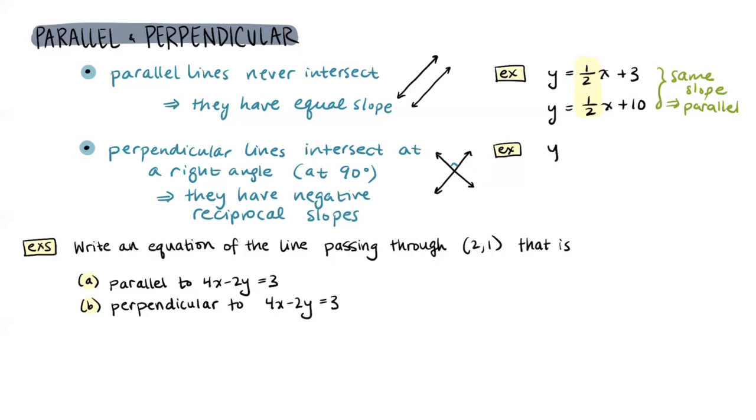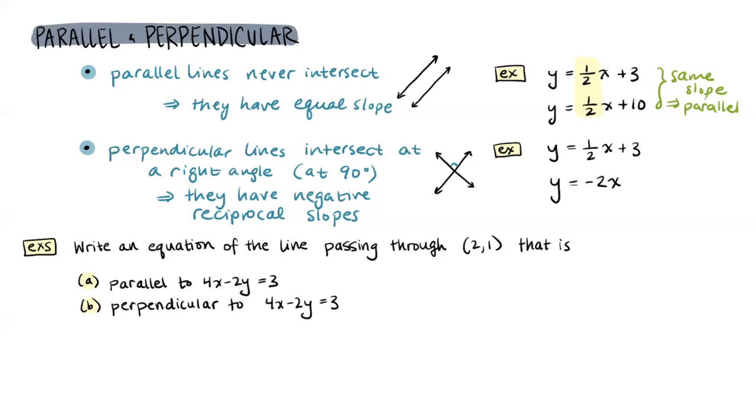So for example, let's stick with our first line from before, y equals 1/2 x plus 3. Here we have a slope of 1/2. To find the reciprocal, we flip the numerator and the denominator. That puts us at 2/1. And then we also have to negate it, make it negative. So a line that is perpendicular to this line will have slope negative 2/1, but we don't need to write the over 1.